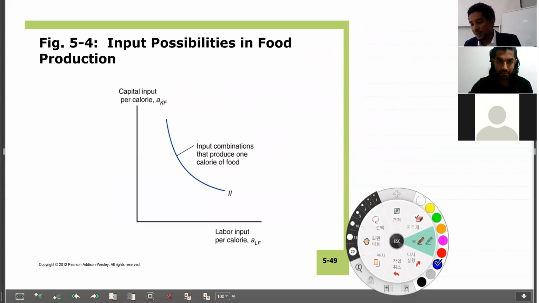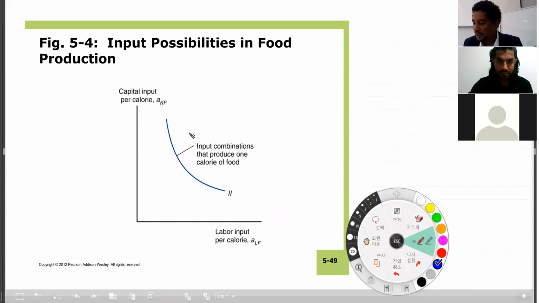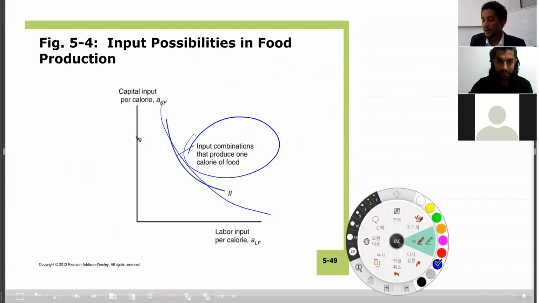Then this will be our input possibility in food production. Okay, so the input combinations that produce 1 calorie of food, and this will be the graph. When you produce more of one, you produce less of the other, like this.